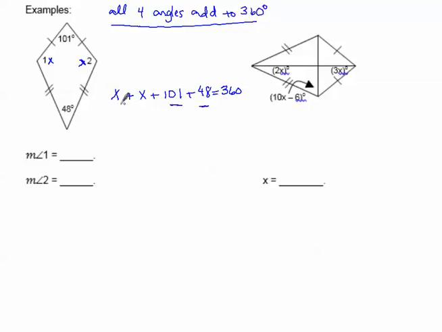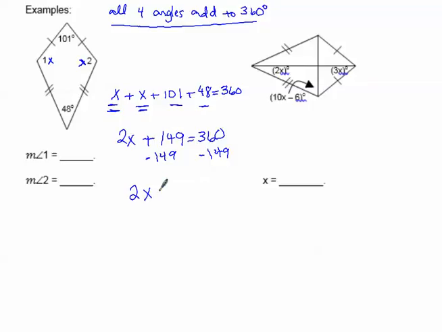So I'm going to combine my like terms. x plus x is 2x. 101 plus 48 is 149. Now I need to do 360 minus 149. From here, it's really algebra.